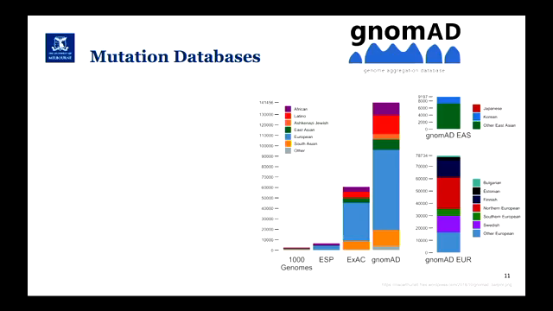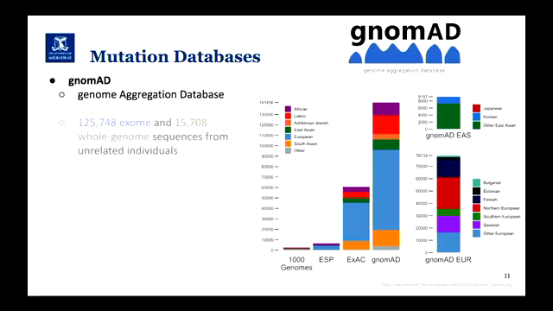And the 3rd class of databases are population variation databases, and the main one and the most comprehensive one is gnomAD. So gnomAD is a genome aggregation database that originally was derived from ExAC, which is an exome aggregation consortium. And gnomAD then has data on exomes, so the coding regions, and whole genome data as well, accounting for over 140,000 individuals.